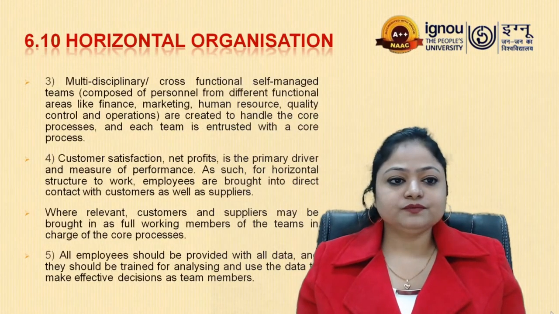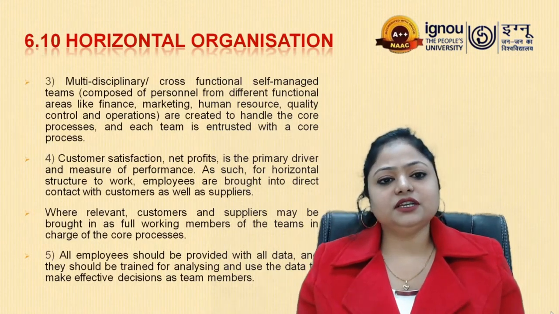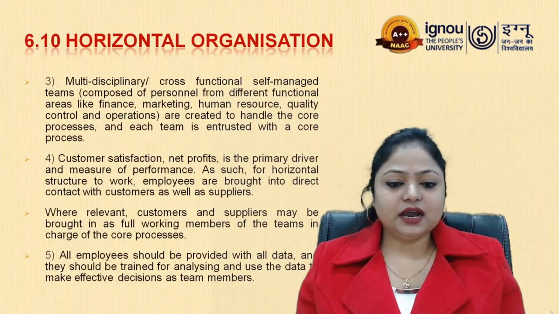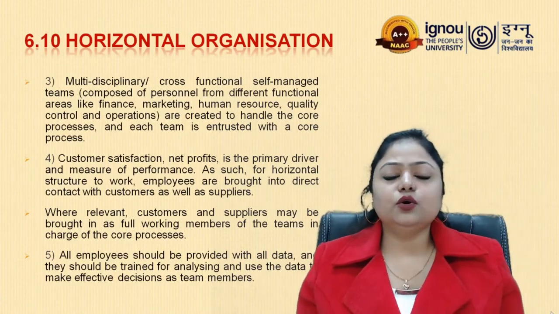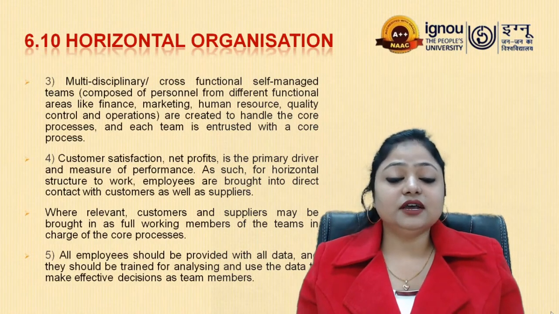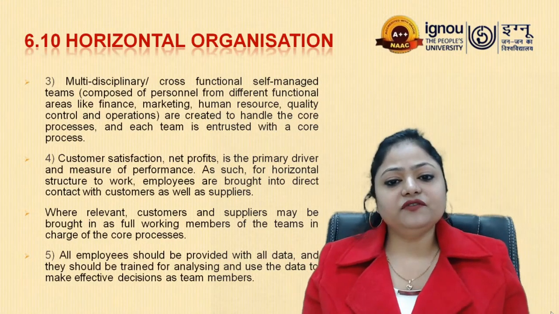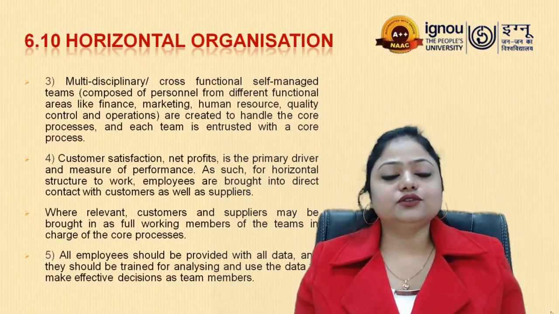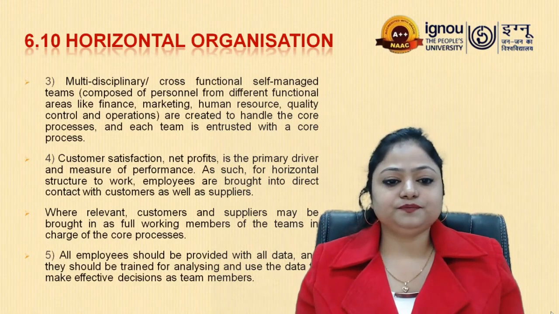Multidisciplinary and cross-functional self-managed teams, like finance, marketing, HR, quality control and operations, are created to handle the core processes. Each team is entrusted with a core process. Customer satisfaction and net profit are the primary drivers and measures of performance in a horizontal type of organization.